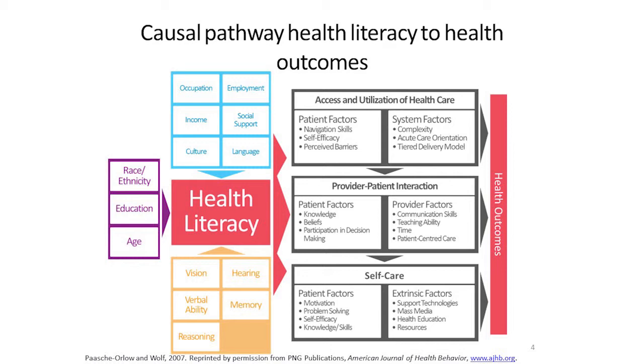Or would you be able to find a way to get another copy? And that actually influences your health literacy, because if you can't, then you're not going to come in prepared for your appointment. And all of these things are known to influence health outcomes. So your own state of health literacy, and then a number of other factors come in to influence your health literacy, and all of these things have an influence on your outcomes.